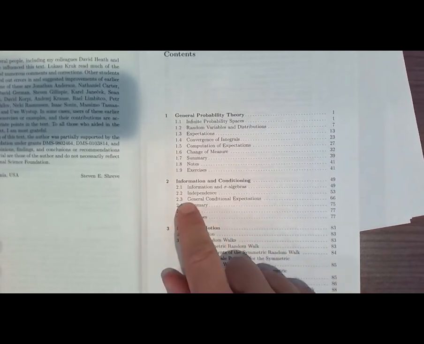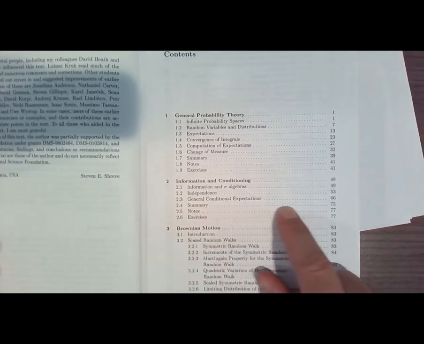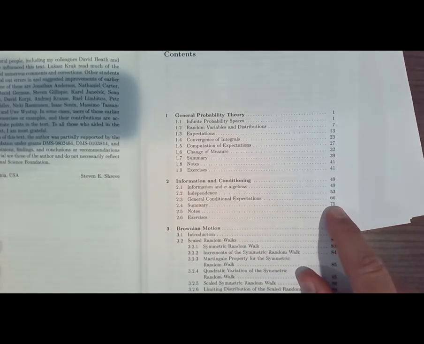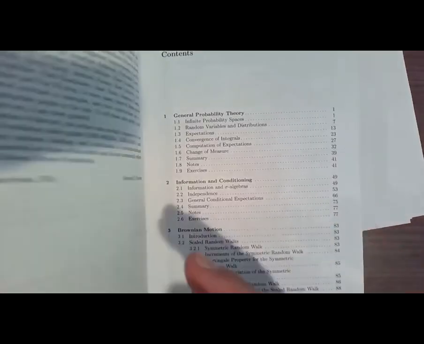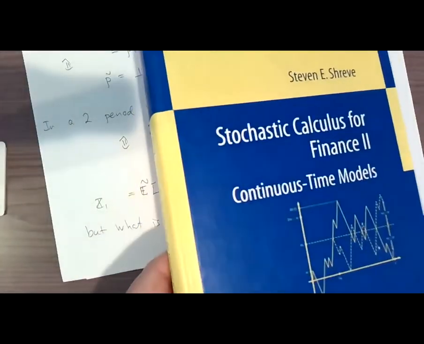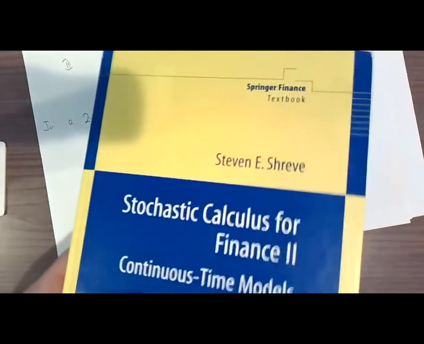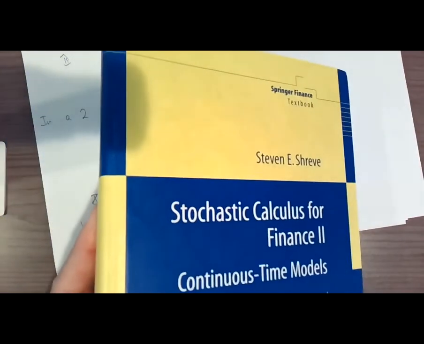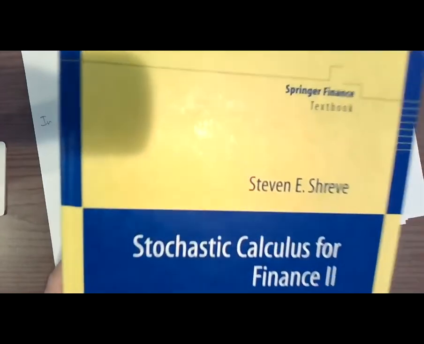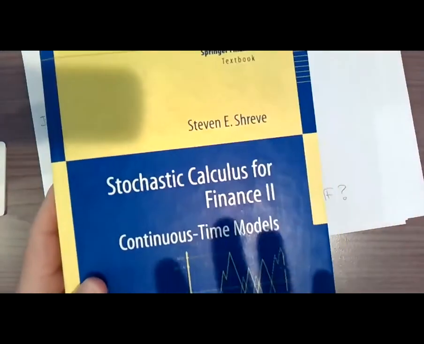By the time you're doing general conditional expectations, you are down to page 75, which is a sizable chunk of material. In previous years, we would stop here, switch textbooks, and spend the next couple of weeks doing general conditional expectation out of the second volume.